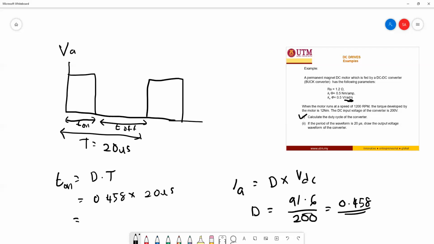So you should get your T on is 0.458 multiplied with 20 microseconds, which is 9.16 microseconds. And for this T off here, it is 20 minus 9.16, so you should get 10.84 microseconds. So that's all for question number 2.